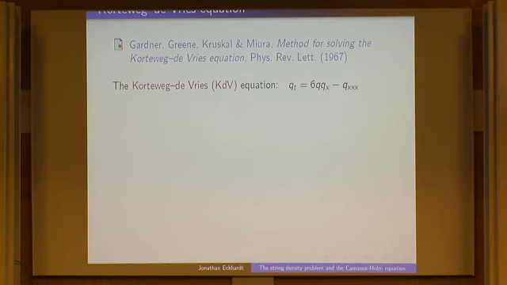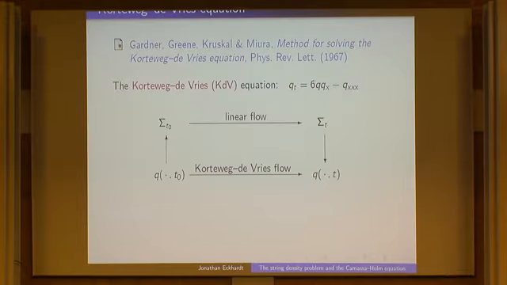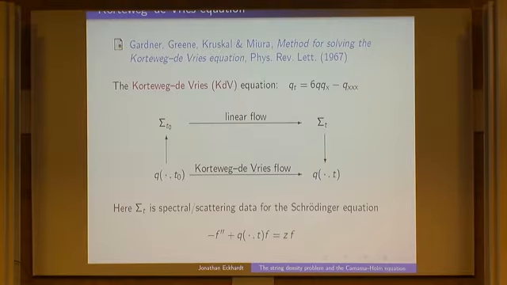And this method of solution is not new, so it goes back to this work by Gardner, Green, Kruskal, and Miura from the 60s, who developed the same method for the KdV equation. So the same scheme works for the KdV equation, with the only difference that here the spectral problem is a Schrödinger spectral problem.